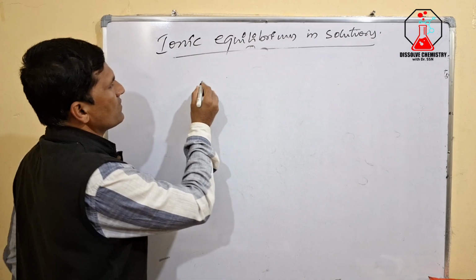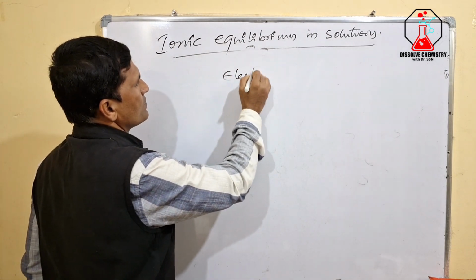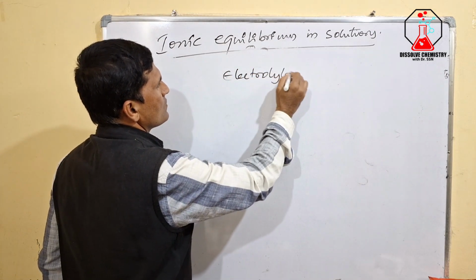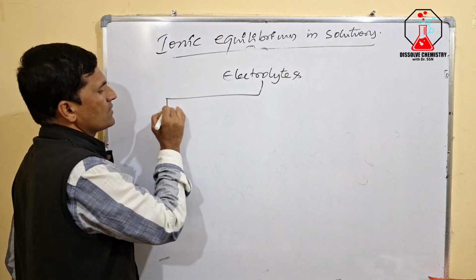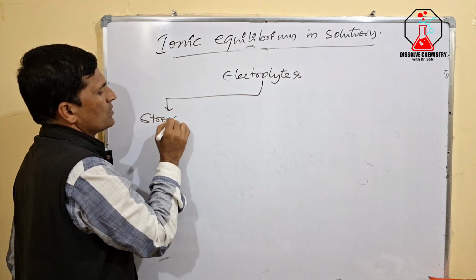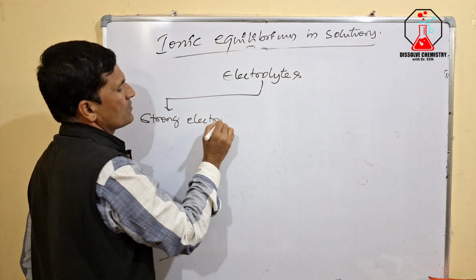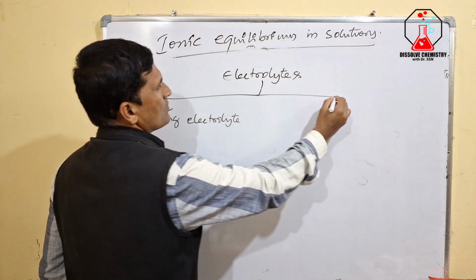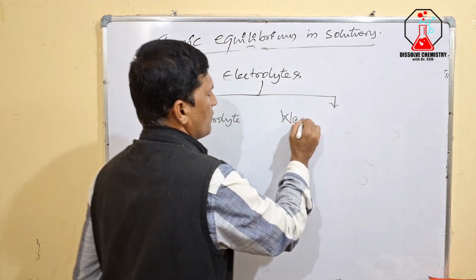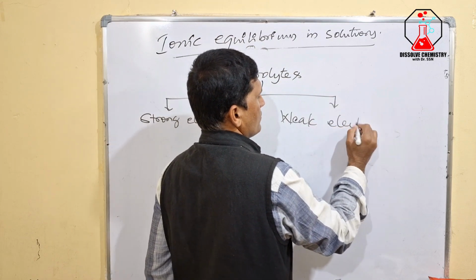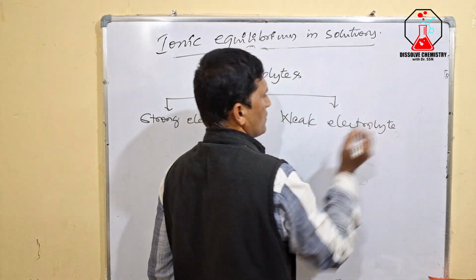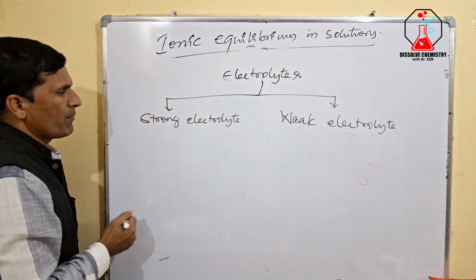So electrolytes, we classify them into two classes. One we call strong electrolyte, and another one we call weak electrolyte. This classification was again given by Faraday.